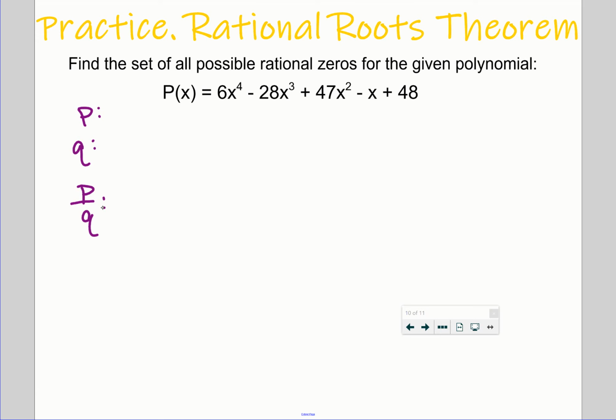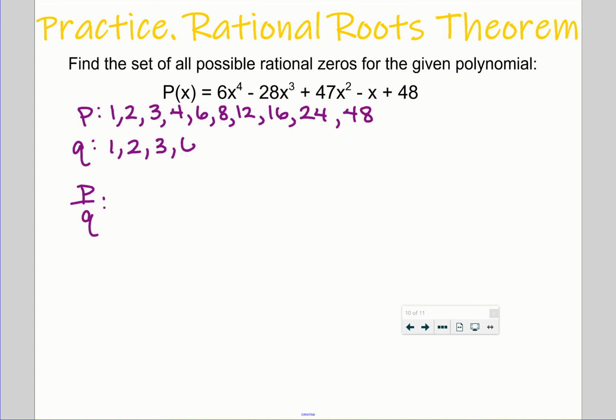Okay, p's here are numbers that multiply to 48, so we've got a lot of them. 1, 2, 3, 4, 6, 8, 12, 16, 24, and 48. Q's are numbers that multiply to 6. 1, 2, 3, and 6.